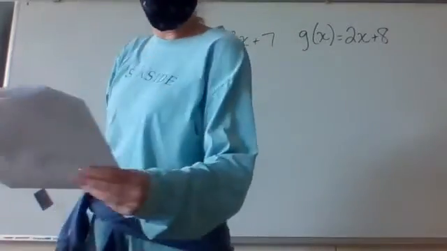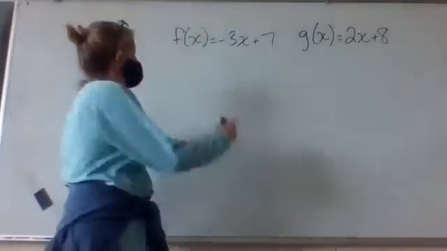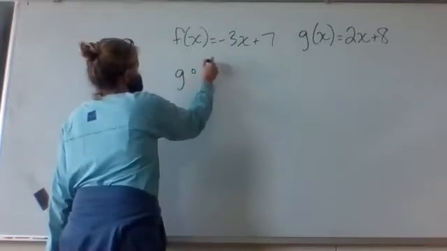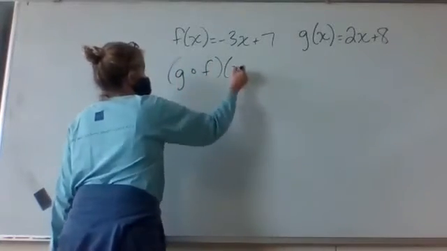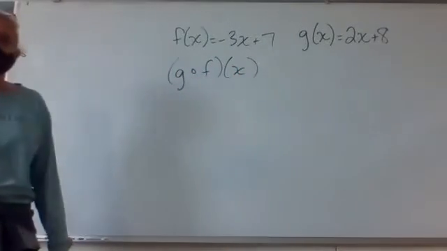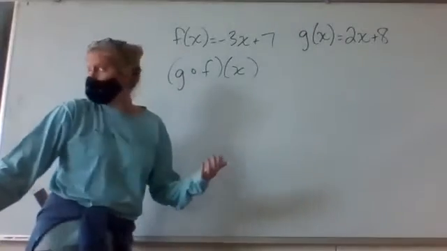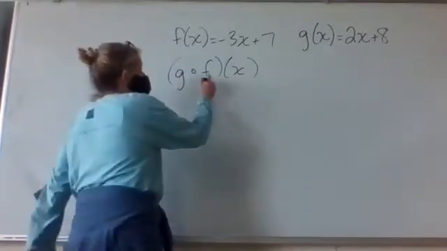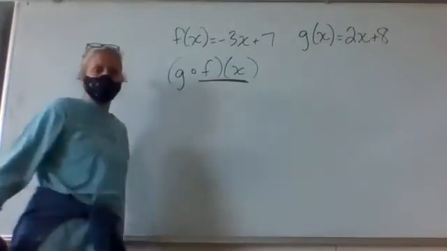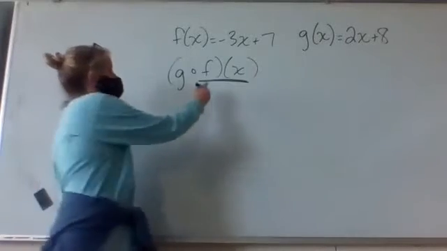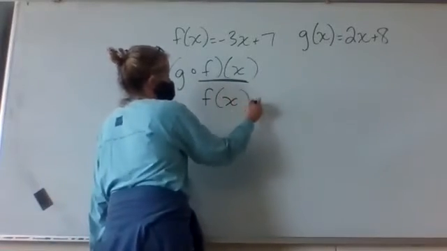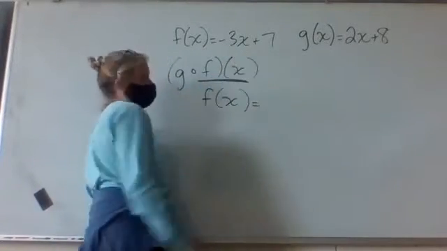This time it wants me to find g of f of x. So same process as the last problem. Find whatever is in this position first. So I am finding f of x. It already tells me what f of x is, right?